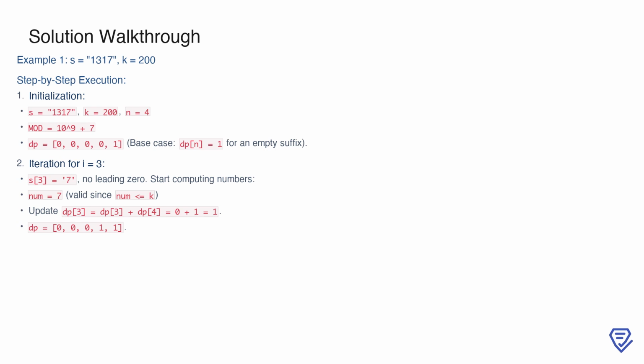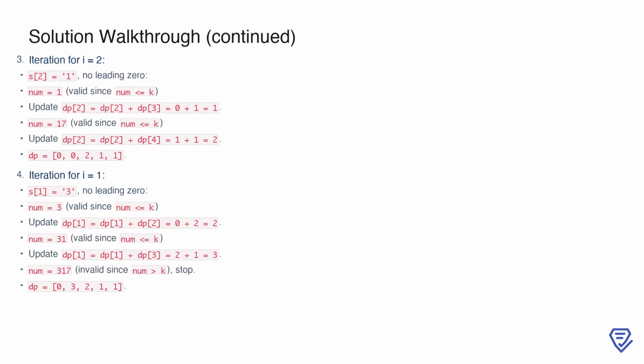Starting with i equals 3, we observe that the character 7 does not have a leading 0, so we compute the number represented by this character. Since 7 is less than or equal to k, it is valid. We then update dp[3] by adding dp[4], resulting in dp[3] equals 1. At this point, the dp array becomes 0, 0, 0, 1, 1.